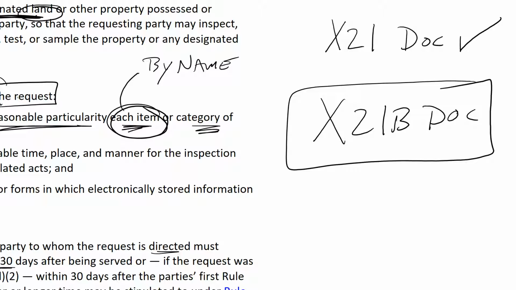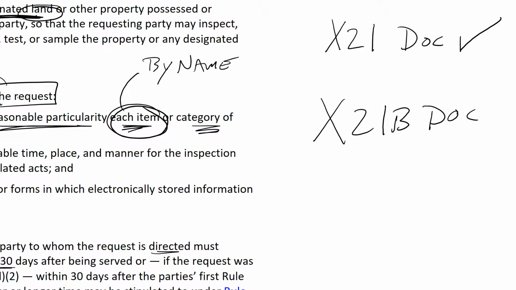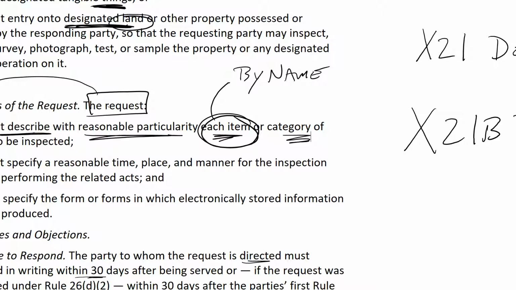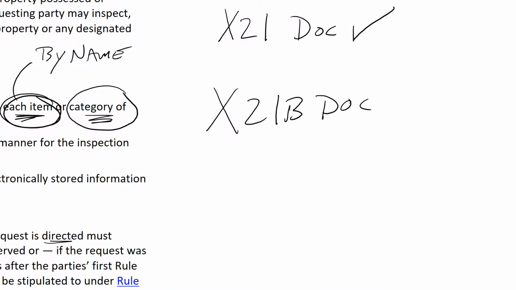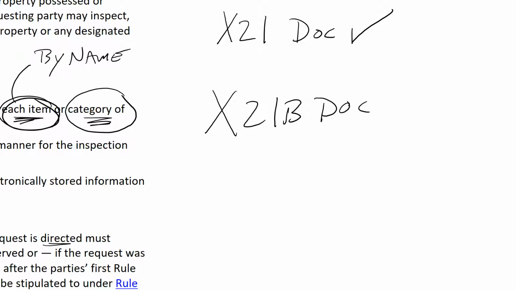I requested the X21. So yeah, you can request by name, but typically, why would you do that? What you could do instead is request by category. So, say the X21 and the X21B documents are documents regarding spills of fuels onto the plaintiff's property, right?